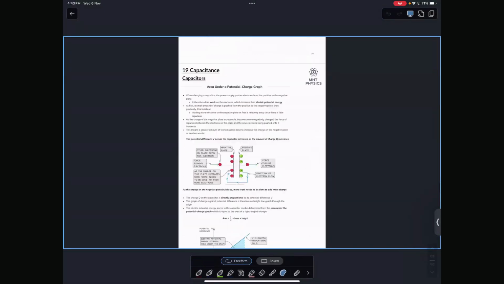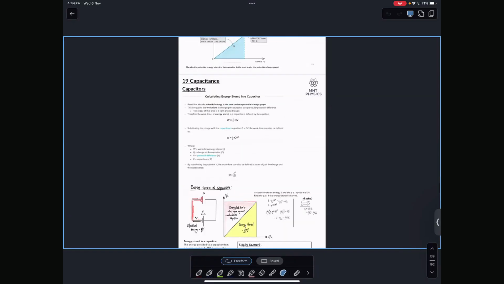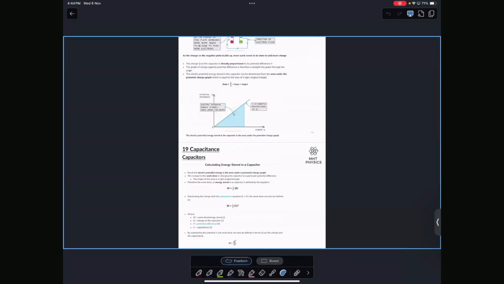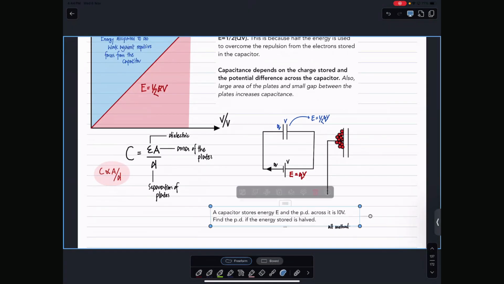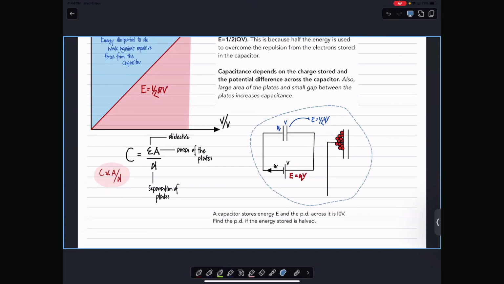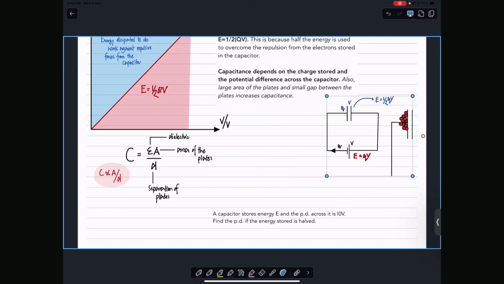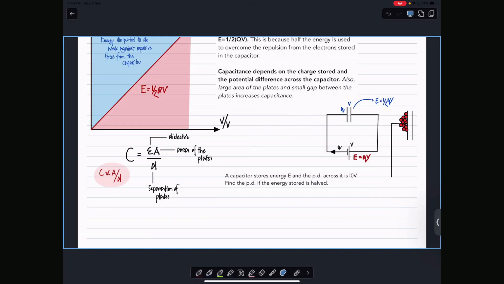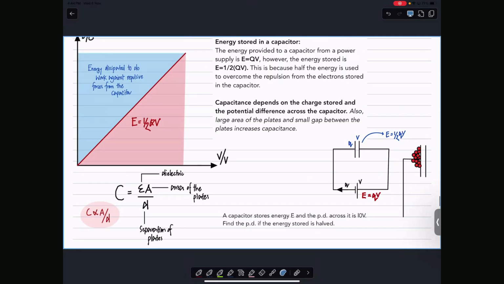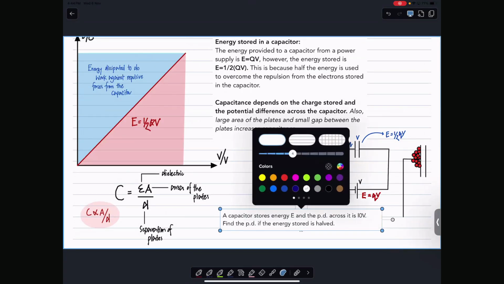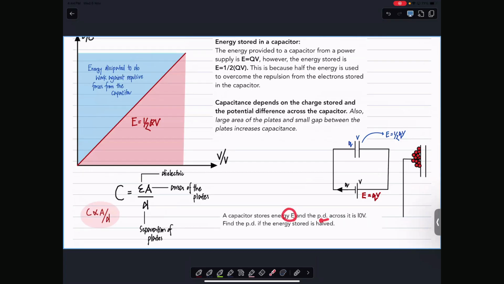Just before that, I'll change that. So those who have finished copying, or you're done, you can try this math. Here the question is: a capacitor stores energy and it has energy E and potential difference is 10 volts.